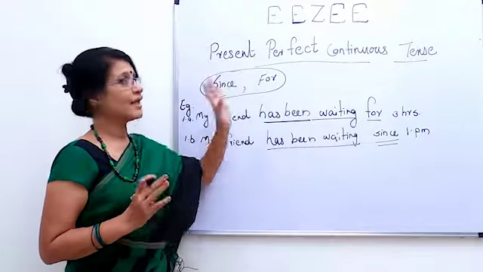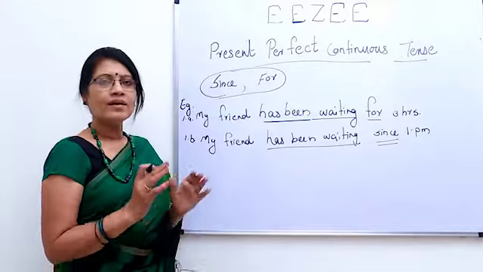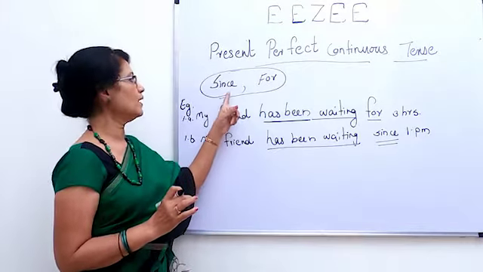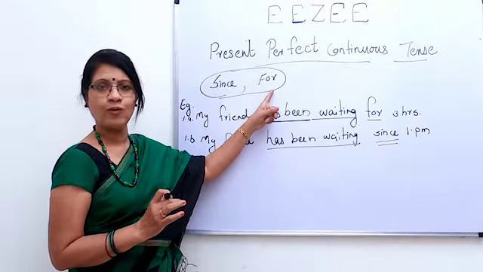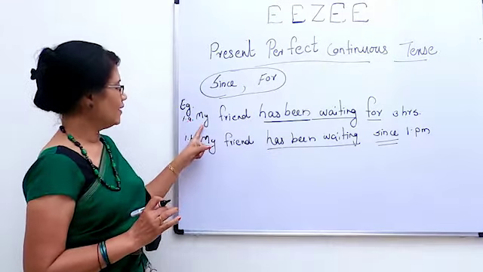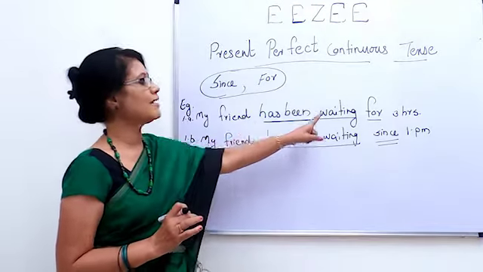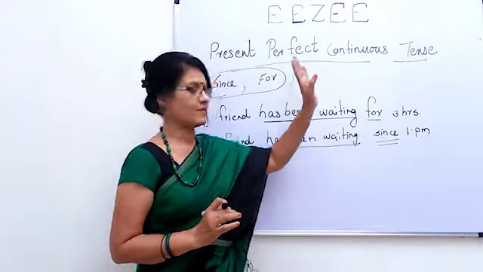Now we are discussing present perfect continuous tense, so it's very important to know the use of since and for. What is the difference? Look at this example. My friend has been waiting for 3 hours.